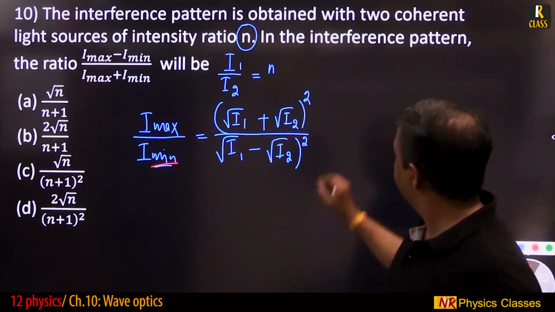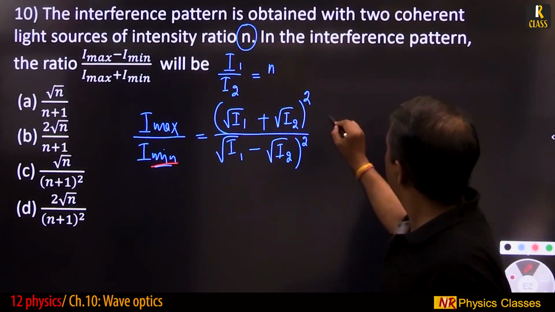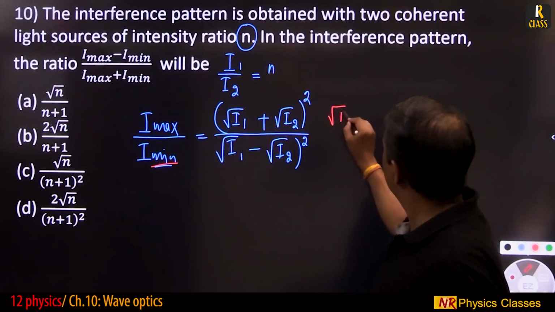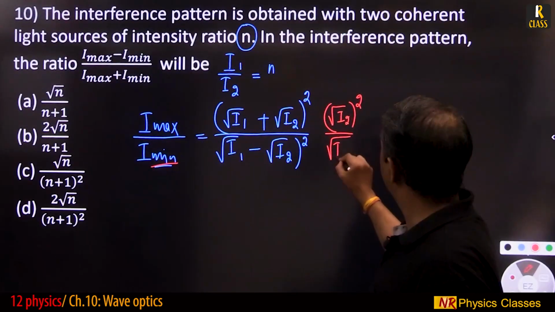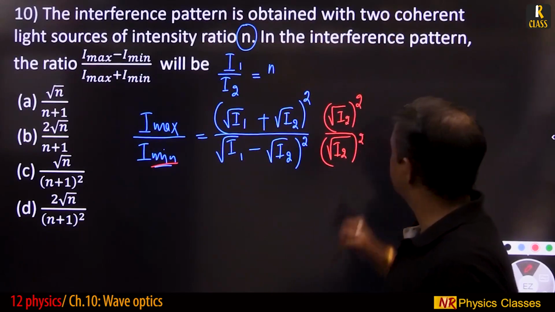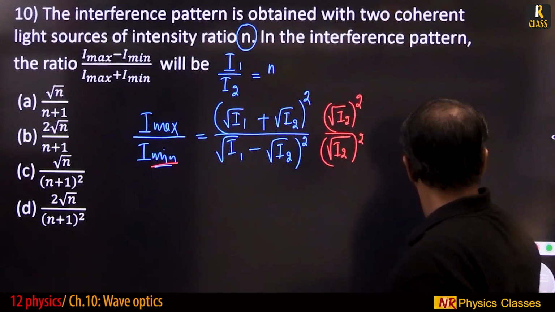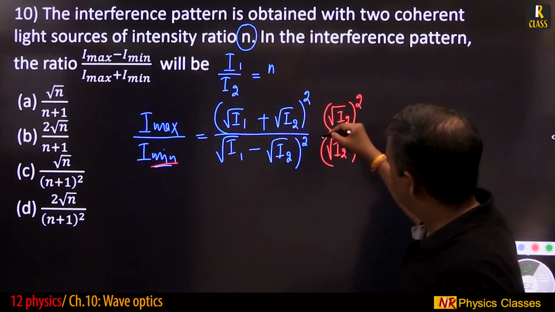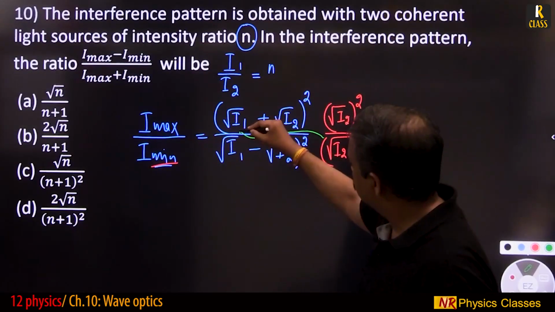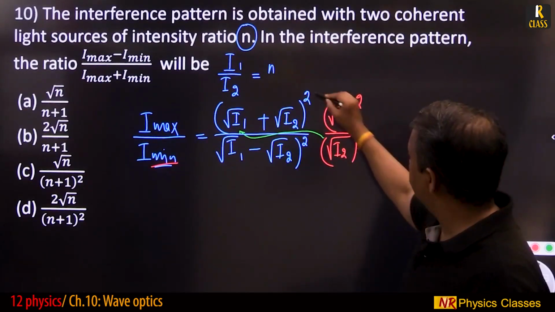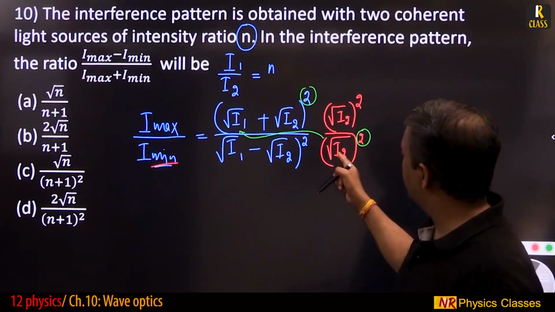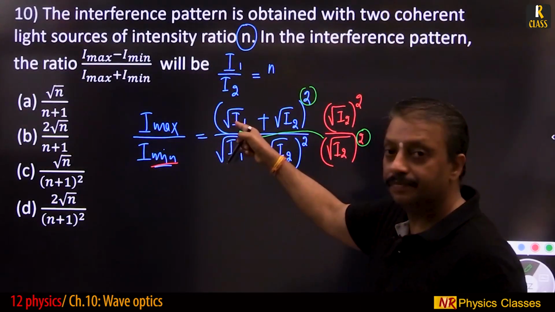Now what I'll do? Multiply and divide by (root of I2) square. Take this to this. There is a root square here, there is a square here. So comfortably you can put it into this.